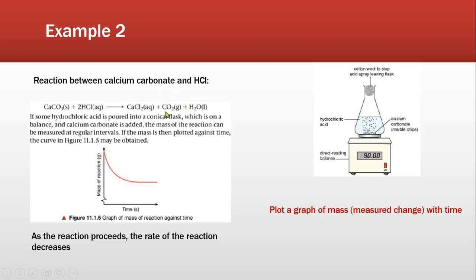So as carbon dioxide is evolved, our flask would get lighter and lighter. Here you'd see that at the very beginning of the reaction, the mass is the most and it decreases. It decreases rapidly at first, and then just a little bit at a time until it stops.